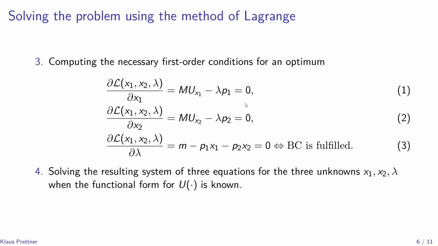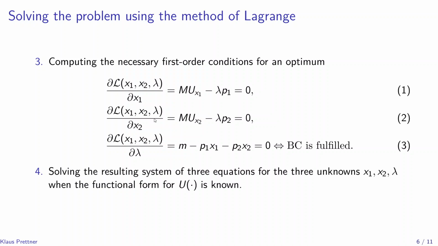Now we know from the method of Lagrange from mathematical courses or from the videos that I have on this topic that if you want to maximize utility, you need to find the maximum of the Lagrange function. How do you find the maximum of the Lagrange function? Well, you compute the derivative of the Lagrange function with respect to the choice variables x1 and x2 and set this equal to 0.